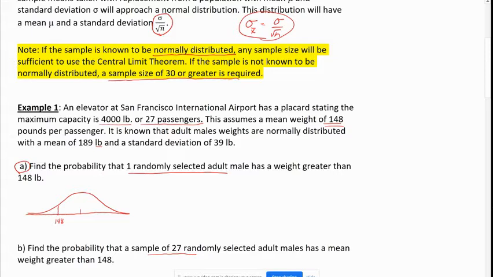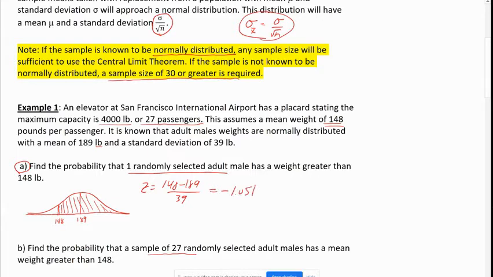It says that the mean for all adult men is 189, and we want to know what is the probability that we're going to be above 148. We can figure out our z-score for 148, and that'll give us the percentage that we're below. So z equals 148 minus 189 divided by 39, which is negative 1.051.